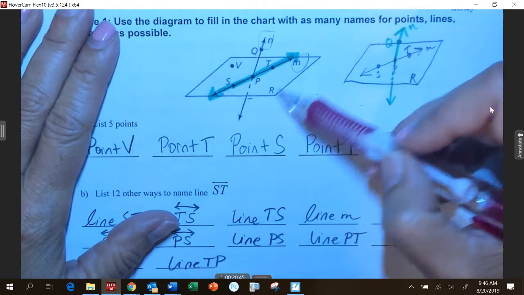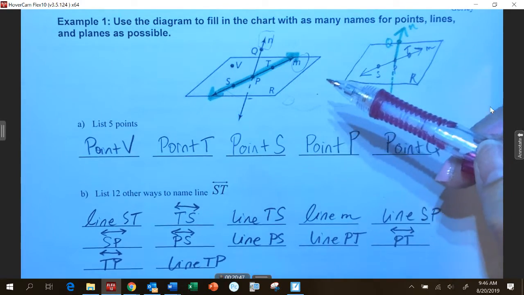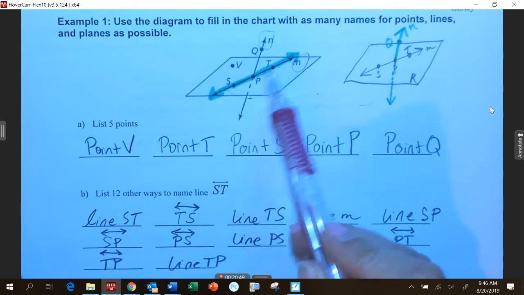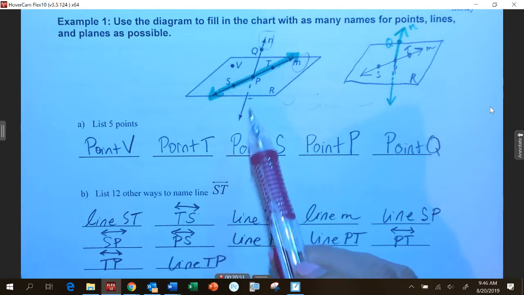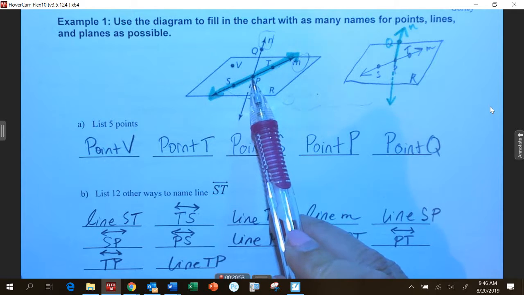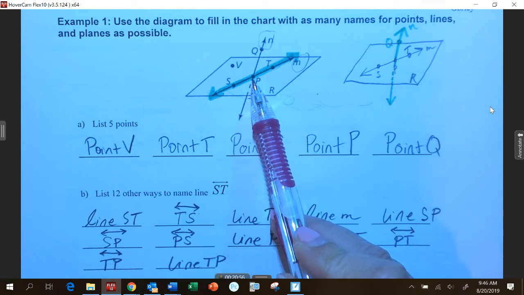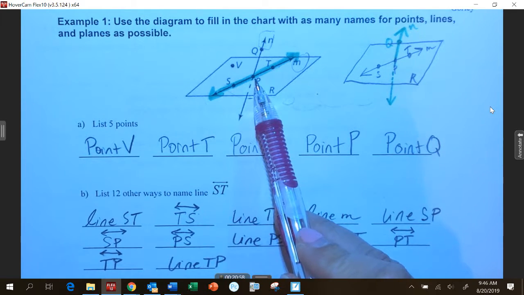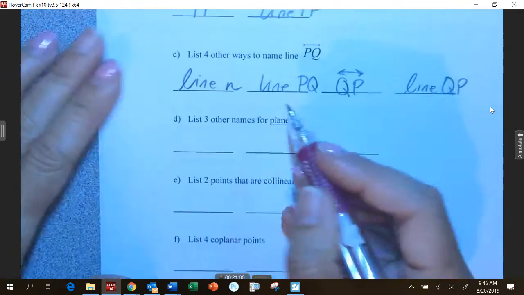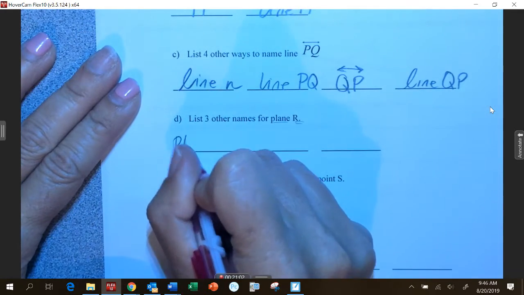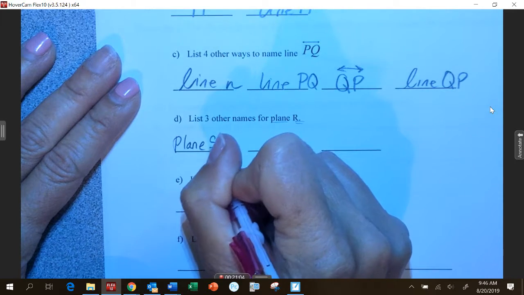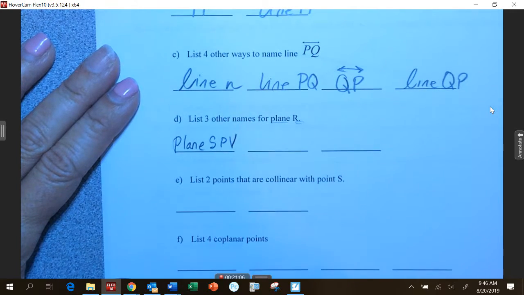So if we look carefully, I need 3 points, but also they can't be in a straight line. So if I say SP, what could my third letter be? If I say SP, V. So I'm going to write plane, you have to write the word plane with it, and then SPV.